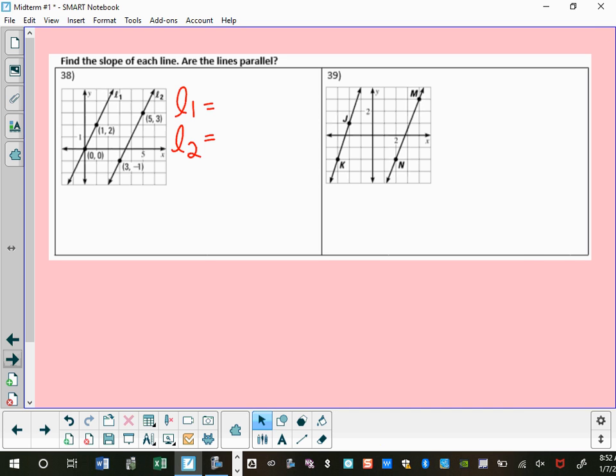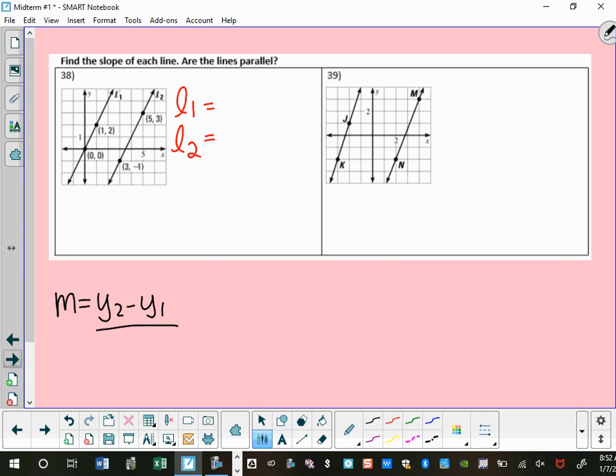Our slope formula is y2 minus y1 over x2 minus x1. But you may not need your slope formula.